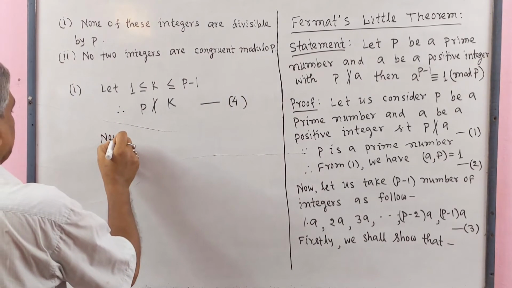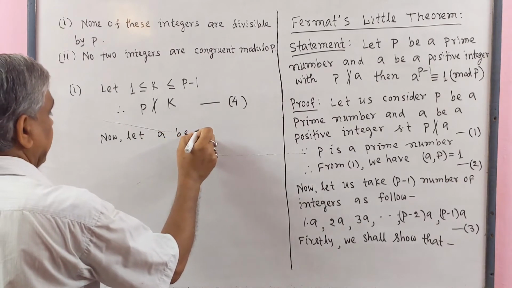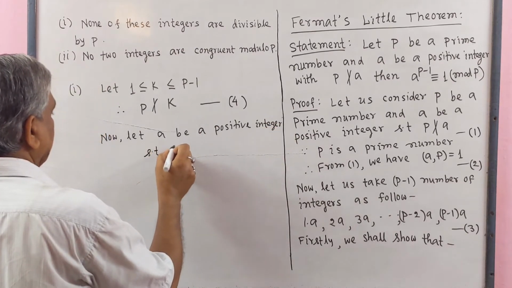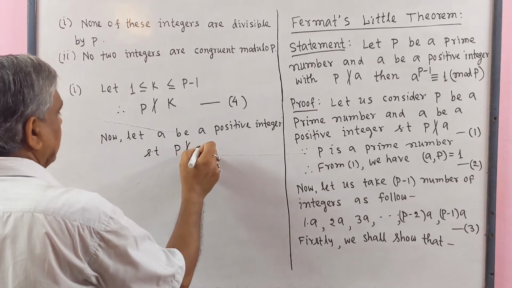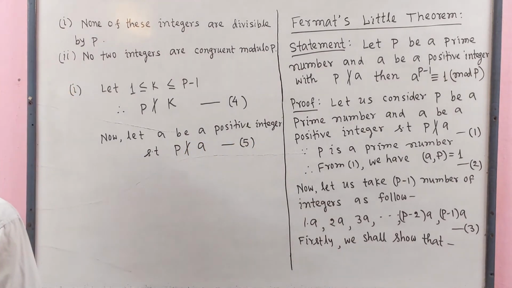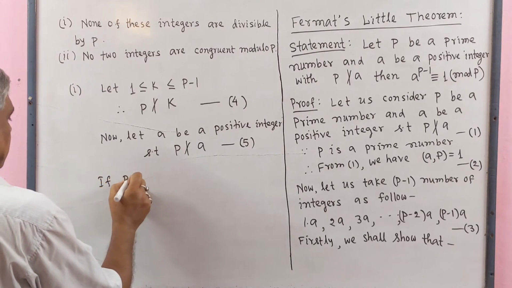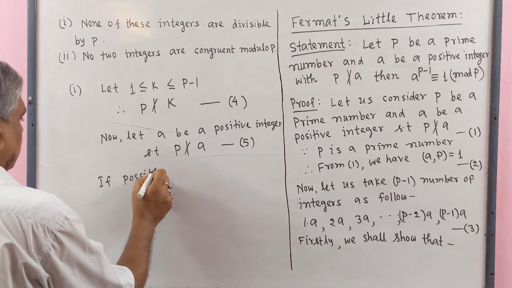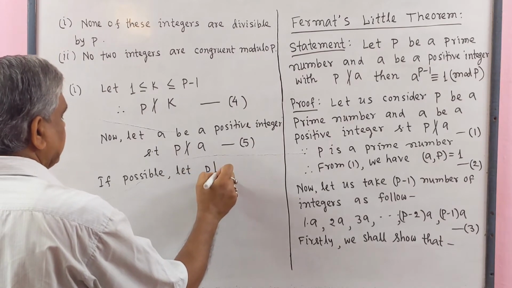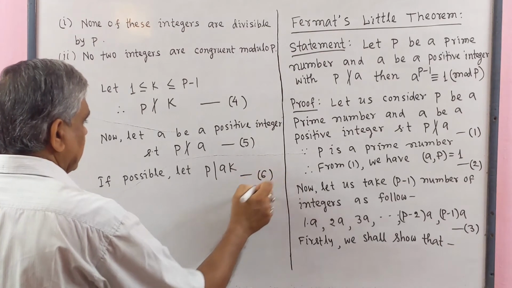Now let A be a positive integer such that P does not divide A. This is number 5. If possible, let P divides AK. This is number 6.